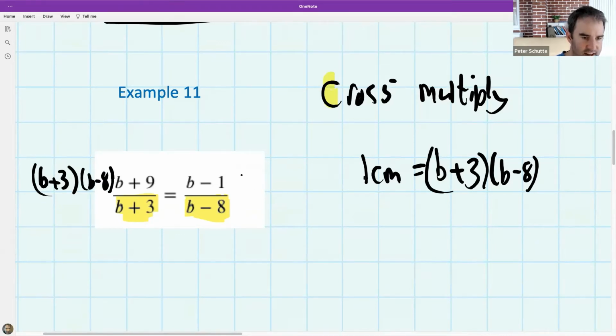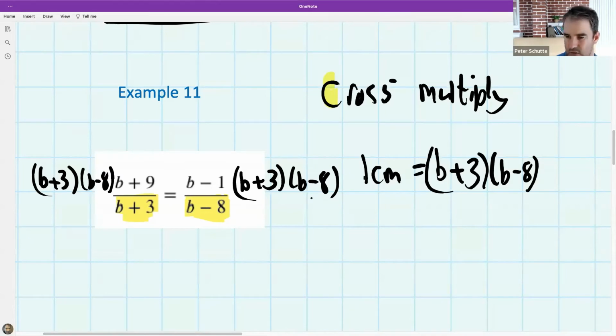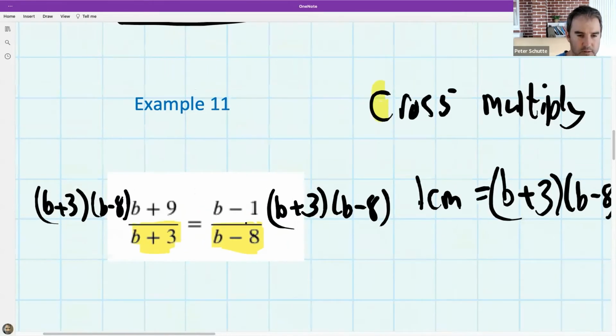And on this side, I'm also going to multiply it by b plus 3, b minus 8. Now my b's look a bit like 6s, so apologies for that. But if you look at this question, it started out with 2 things being equal. If I multiply both sides by the same thing, it's still got to be equal.